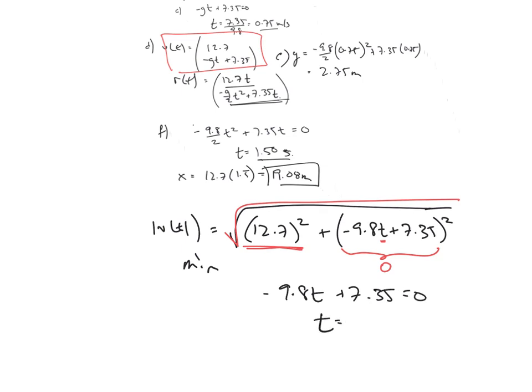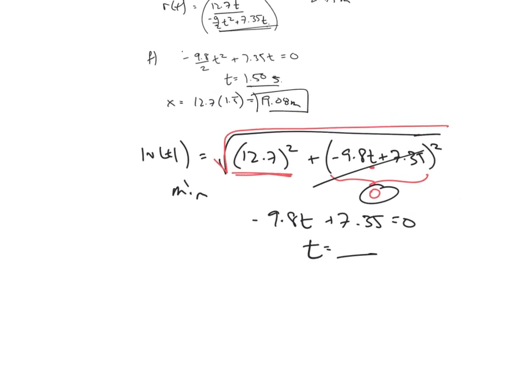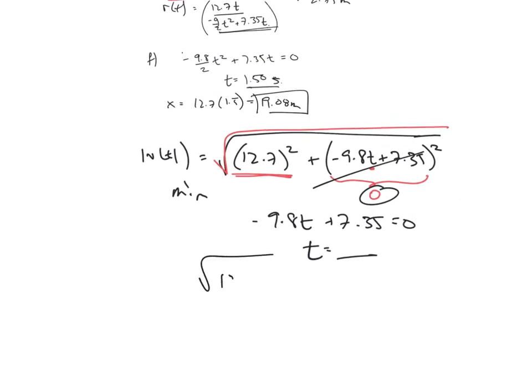The key is that this is 0, so that goes away. The minimum speed is then the square root of 12.7 squared, which is just 12.7 meters per second.